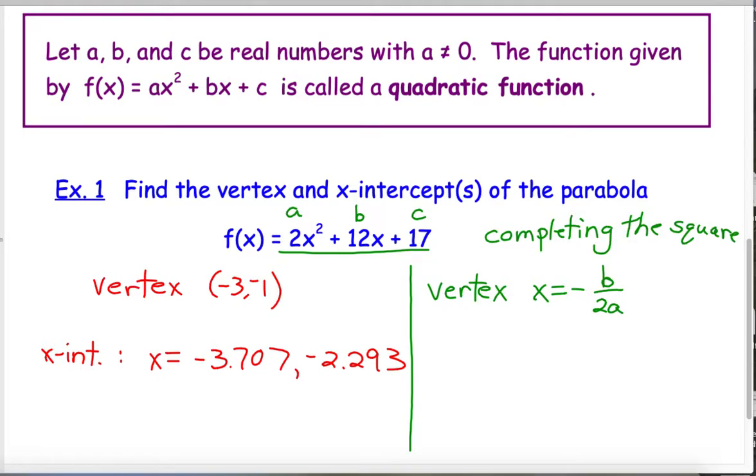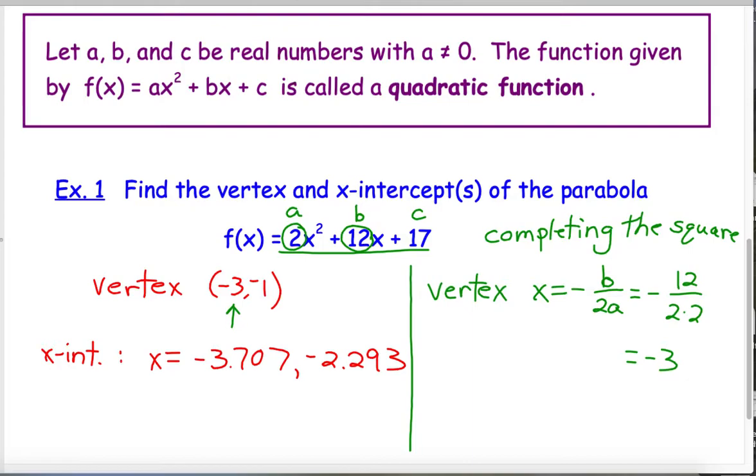So in this case, b is equal to positive 12, so it's going to be the opposite of positive 12 over 2 times a, and a is equal to 2. And so that's negative 12 over 4, which is negative 3. And sure enough, that's what we found the vertex to be at, x equals negative 3.